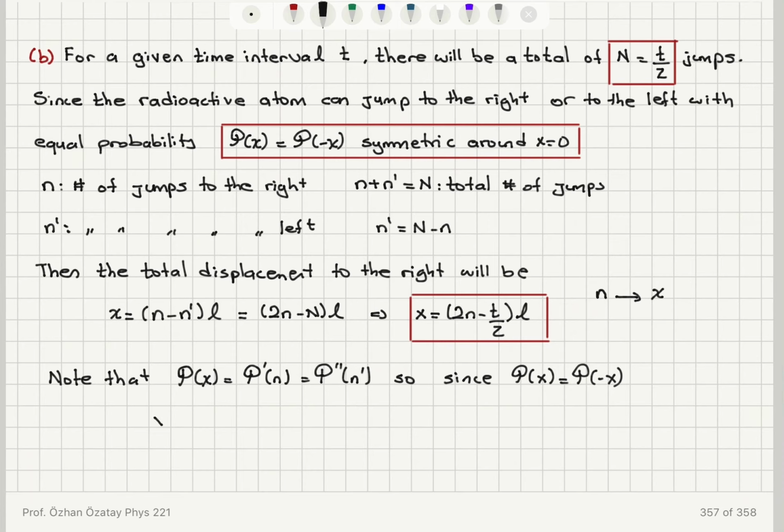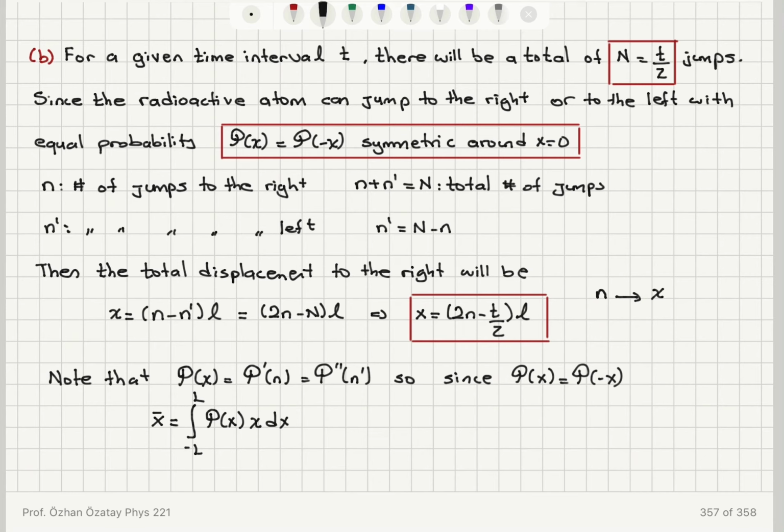If you calculate the mean value of the displacement, this would be the integral over all possible x values, starting from minus L to plus L, of x times the probability distribution function of x, dx.